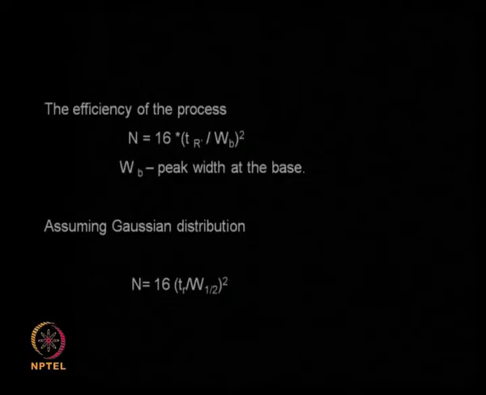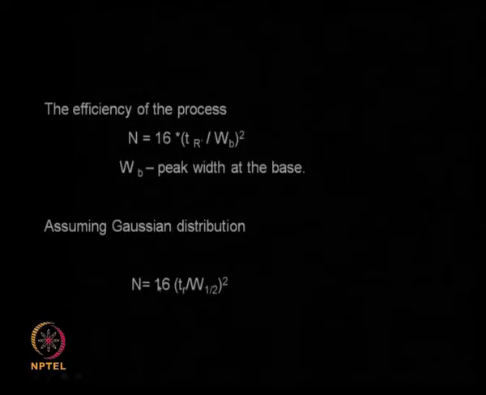If I know the peak width, I substitute here. If I know the corrected retention time, I substitute here and I get the number of theoretical plates. So instead of looking at the peak width, I can look at the width at half peak height, that is called W half. Then I can use that equation and also calculate the number of theoretical plates.